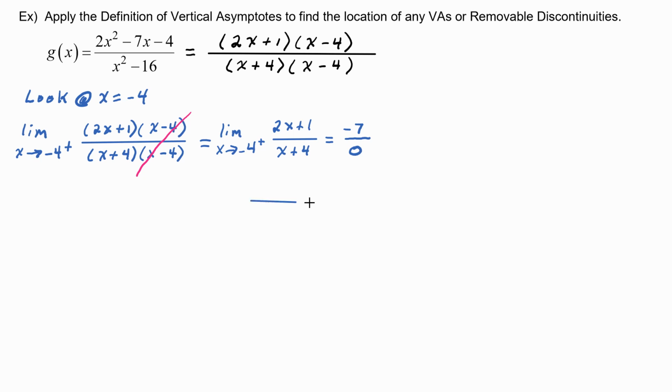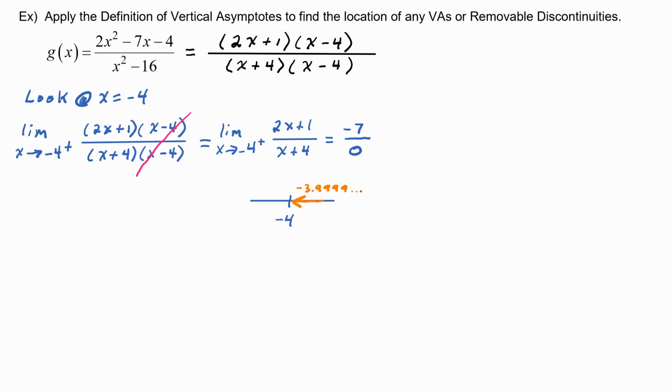So if we make a little number line here and put -4, if we are coming in from the right, that means we can think -3.9999999 going on forever.